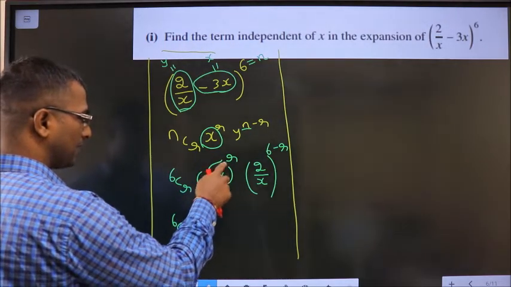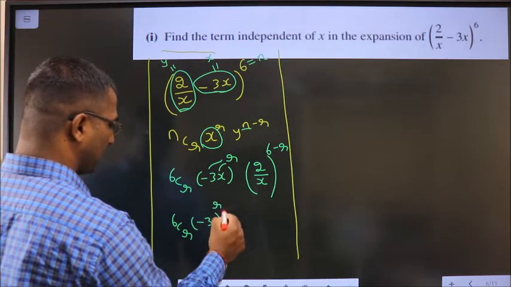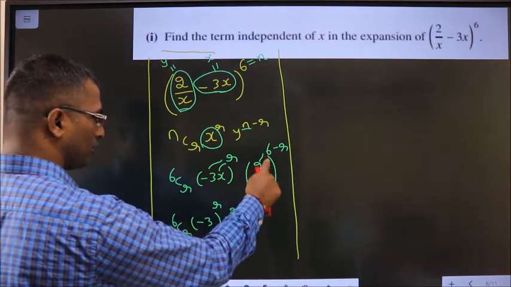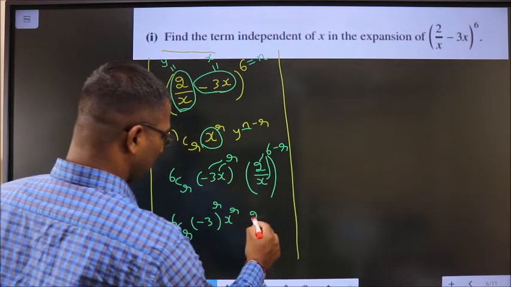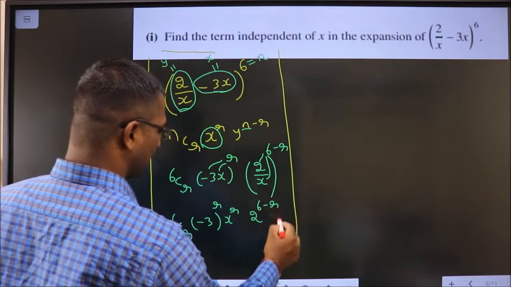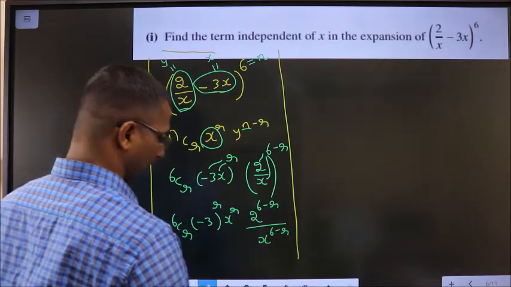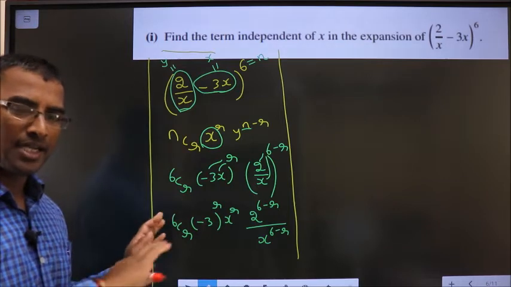Here apply the power to each. That will be (−3)^r x^r. Same here, apply the power to numerator and denominator. So that will be 2^(6−r) by x^(6−r). Now, write x terms at the last.